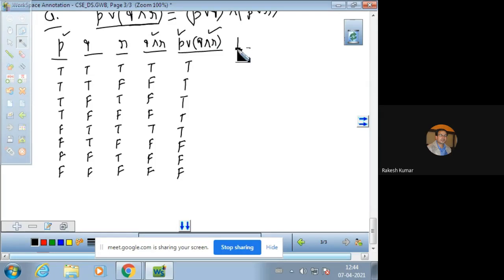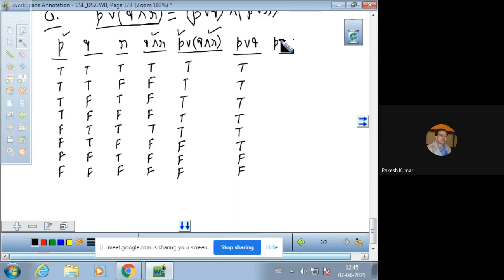Now for the right hand side, we require P disjunction Q, and P disjunction Q means when either is true, the value will be true. So it will give you T, T, T, T, T, T. The last two values will be false because in the last two both are false. And in disjunction, if even one value is true, it comes out true.